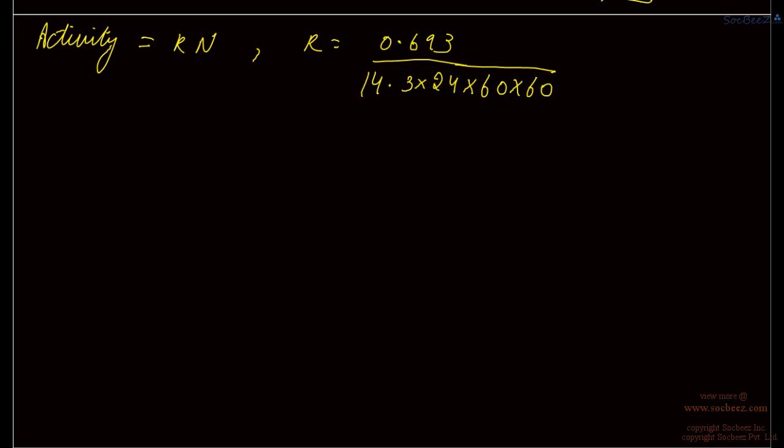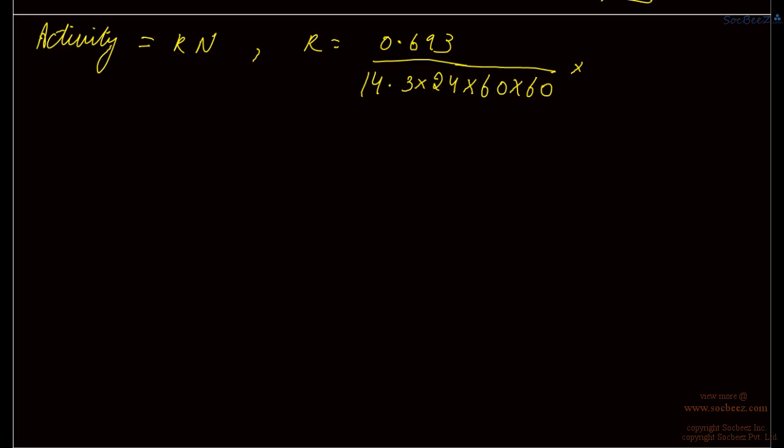We have done this just to convert the units into dps per gram. Here K is nothing but the rate constant, or decay constant, or disintegration constant, or lambda, whatever you are most comfortable calling it. So into 6.02.